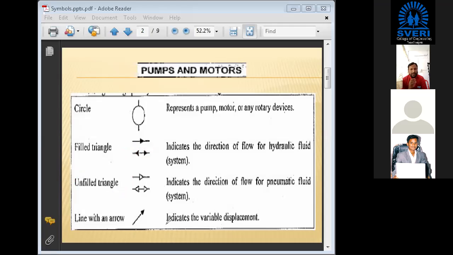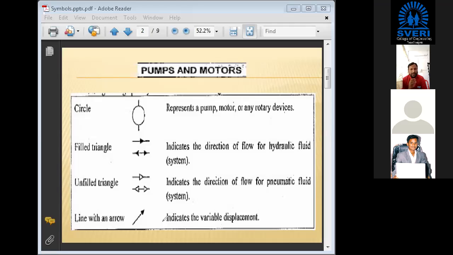Then, for example, if you want to indicate variable displacement, it is required for the cylinder purpose, or in a pump or motor. In the pump or motor, it changes, that means it varies.